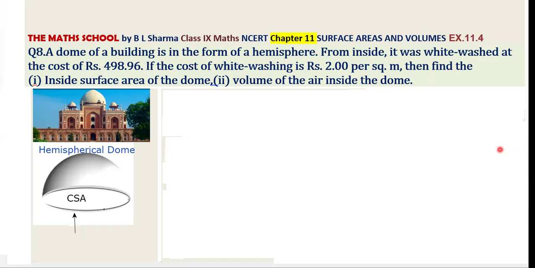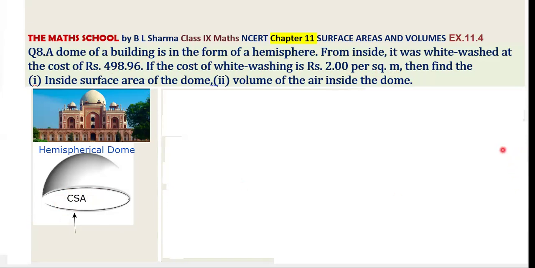This is curved surface area. Inside curved surface area is to be whitewashed. इसका रेट 1 मीटर स्क्वायर का ₹2 है और ये टोटल कॉस्ट है 498.96. तो पहले हमें इसका कर्व सरफेस एरिया फाइंड आउट कर लेना चाहिए.